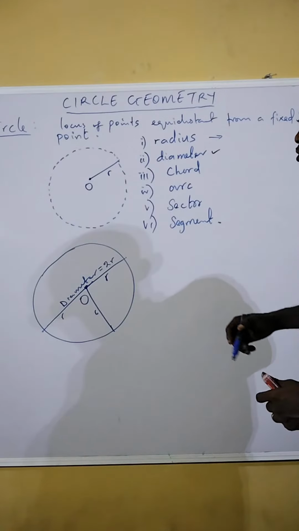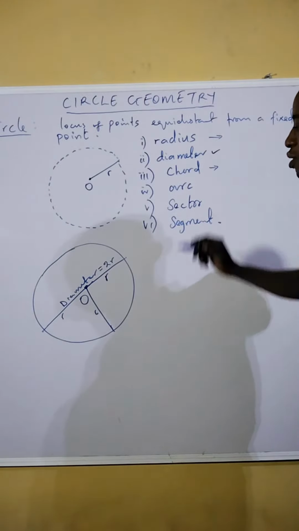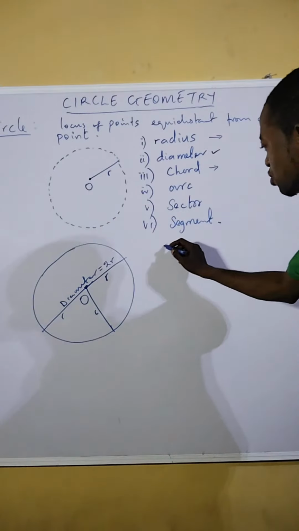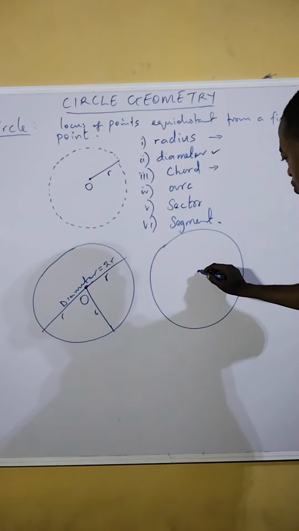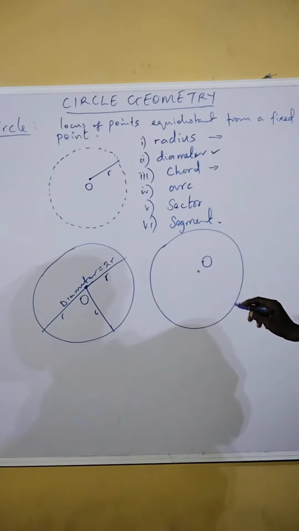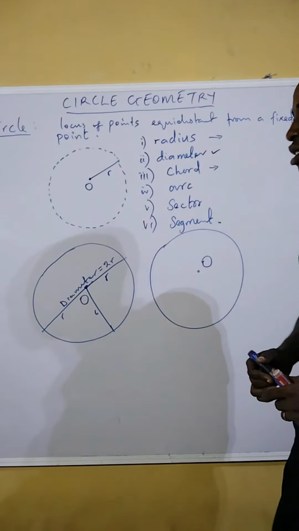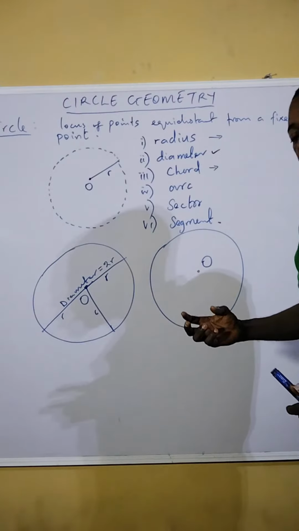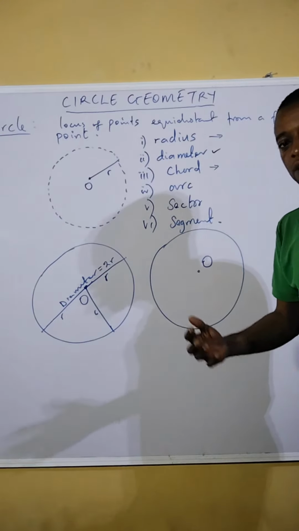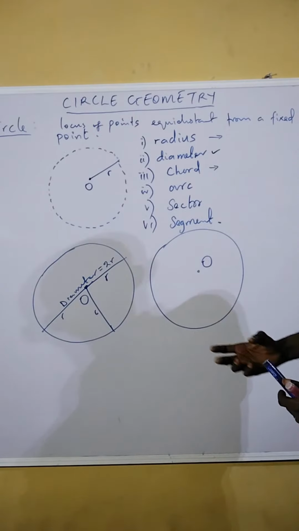Okay? And what is a chord? When we talk about a chord, let me draw another circle here. We have this circle with center O, and a chord is just a line that touches the circumference at 2 points. Now, this is not necessarily passing through the center, but it's touching the circumference at 2 points.